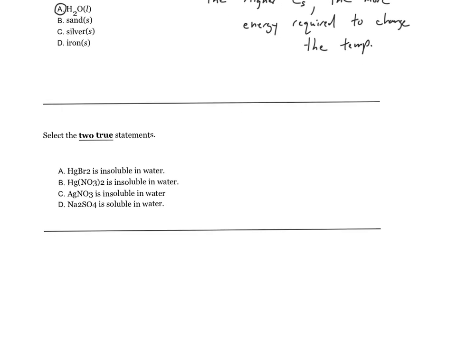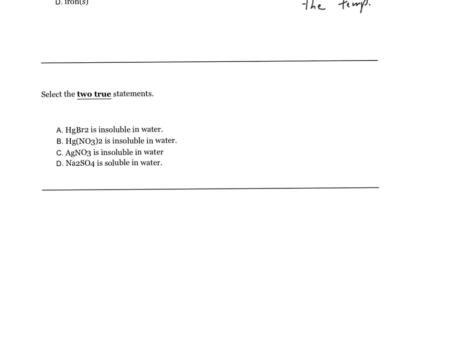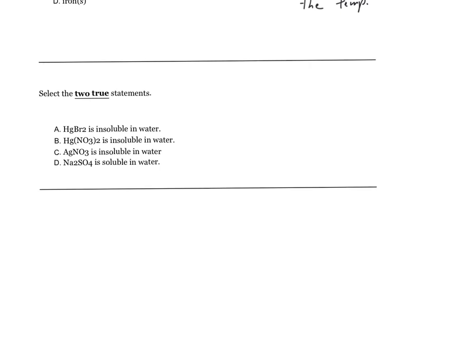Next question. Select the two true statements. So this question is asking about solubility rules. So CHE and GEA. A, bromide is a halide.